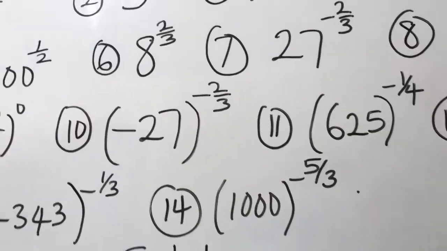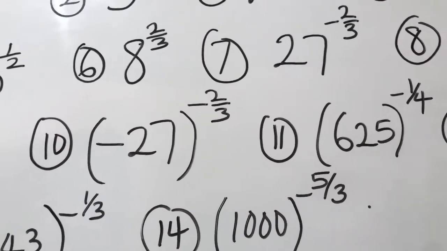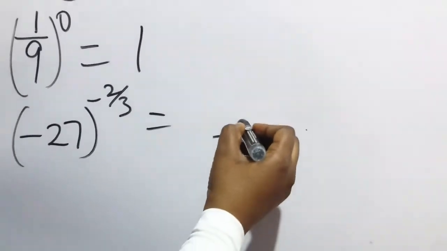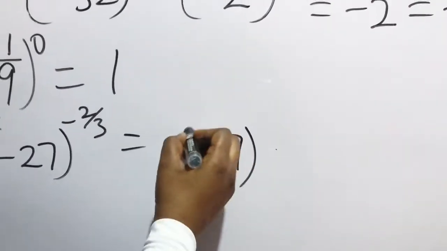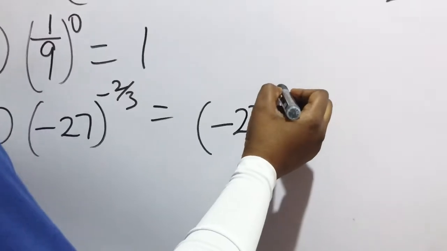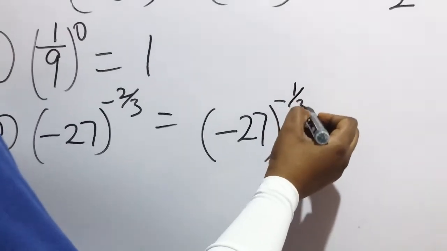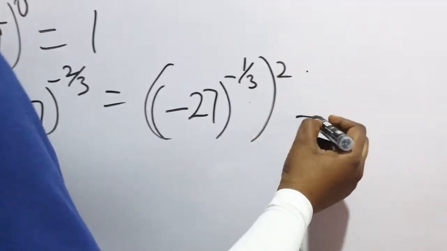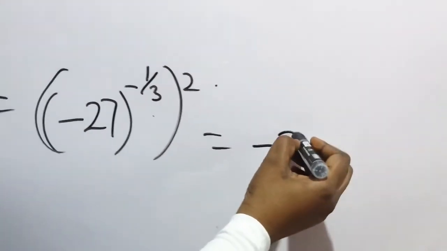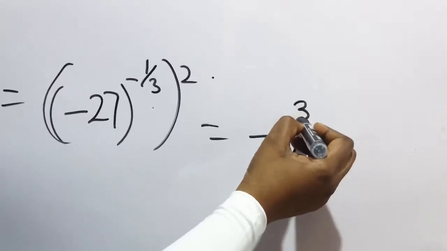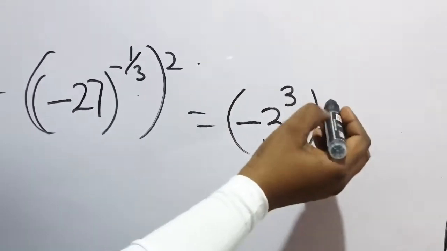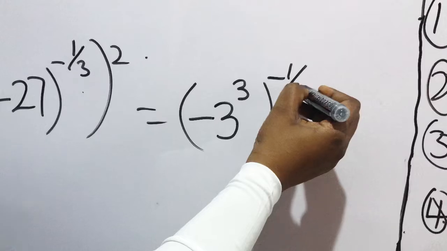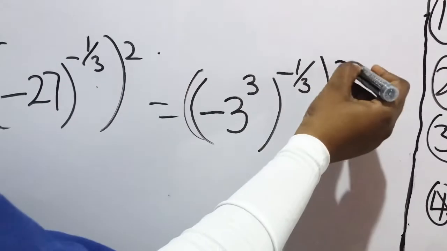Minus 27 raised to the power of minus 2 over 3 will be equal to minus 27 raised to the power of minus 1 over 3, raised to the power of 2. So minus 3 raised to the power of 3 multiplied by minus 1 over 3, then raised to the power of 2.